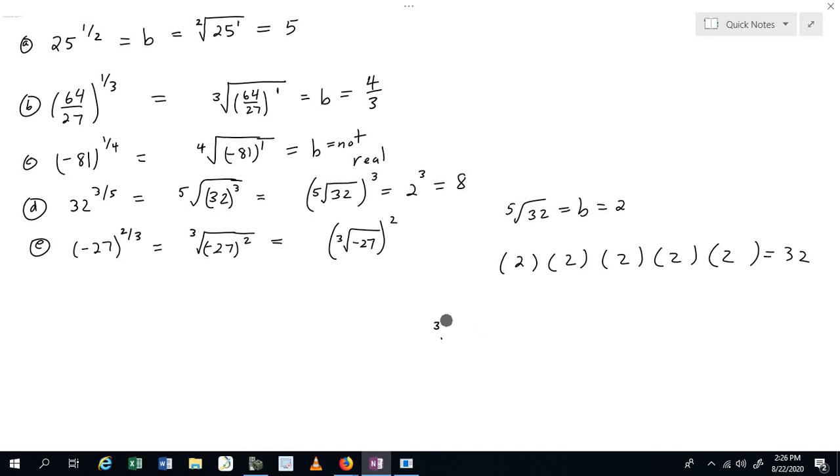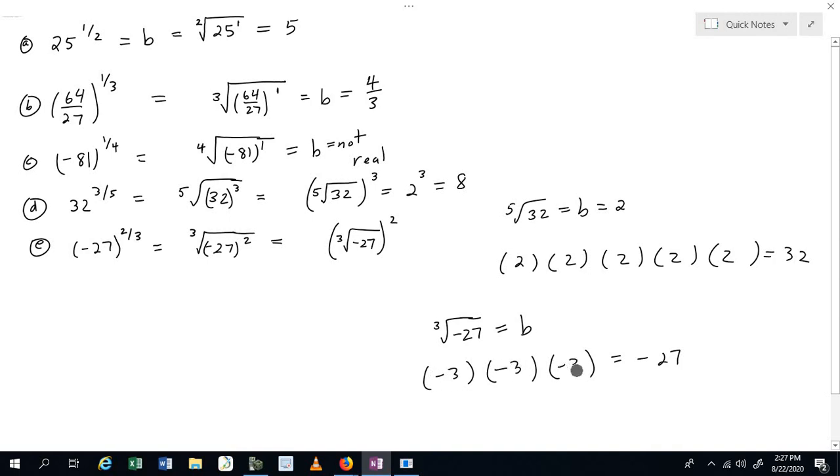So let's figure out what the cube root of negative 27 is first. This means you've got to multiply a number by itself 3 times and get negative 27. And the only number that would work is negative 3. Negative 3 times negative 3 is 9, and then 9 times negative 3 is negative 27.